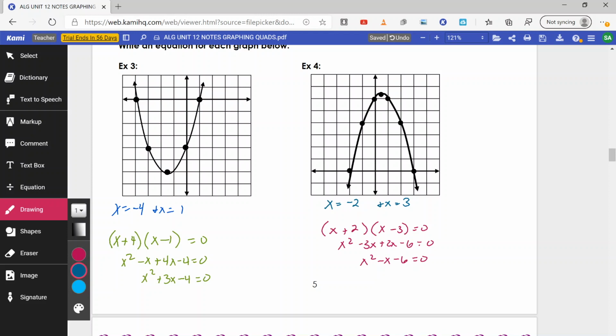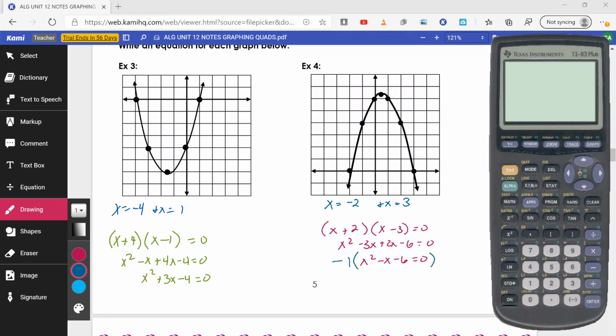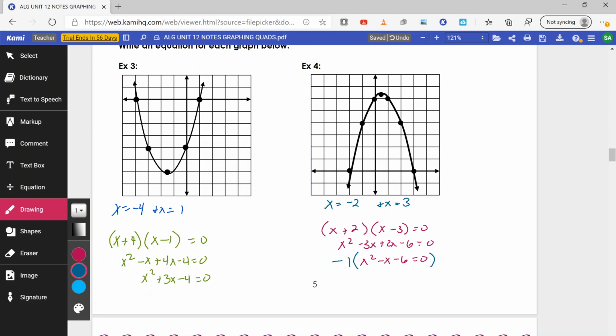We have a positive x squared, so to make it negative, I have to multiply the entire equation times -1. When I multiply everything by -1, it just changes the sign of what we have. So now we have -x squared plus x plus 6 gives me 0.